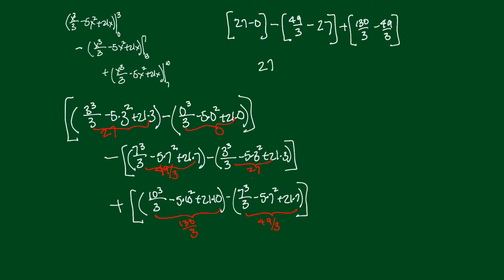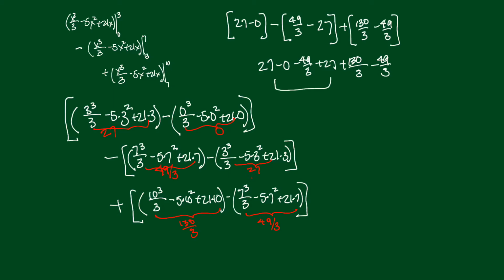So I'll get 27. All right, the 0's gone. I'll write it anyway. Minus 49 over 3 plus 27. Let's get rid of that big line. Plus 27, right? You see the plus 27 minus a minus? Plus 27. And then plus 130 over 3 minus 49 over 3.